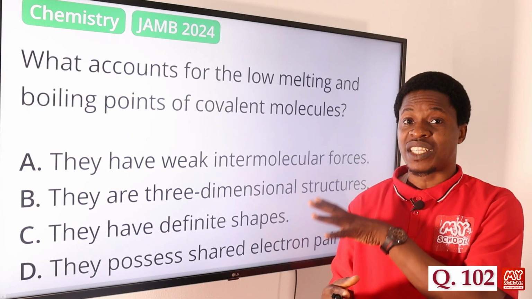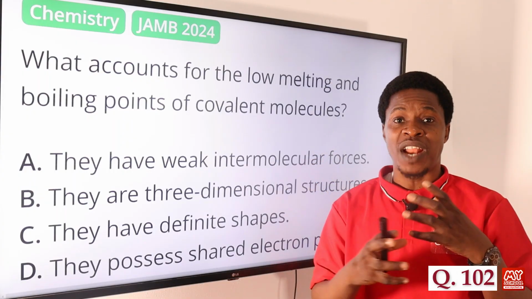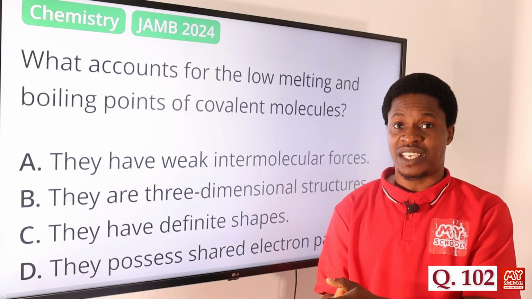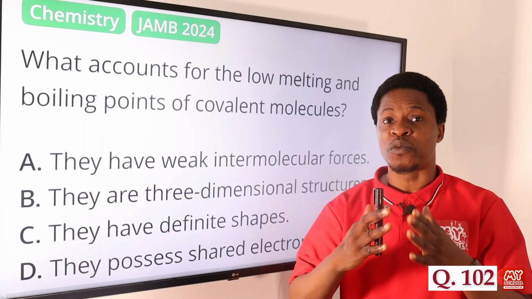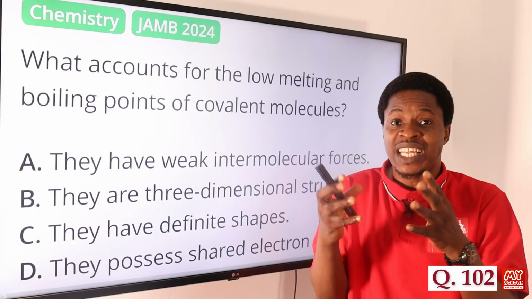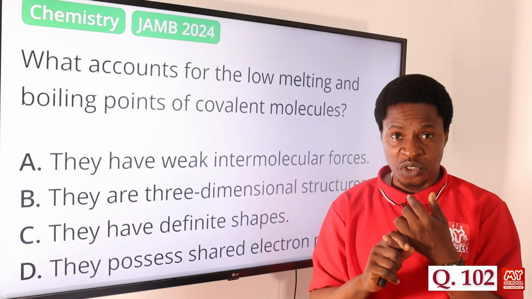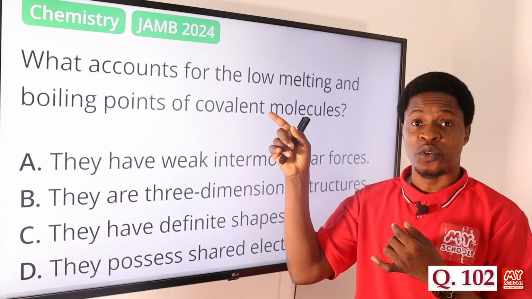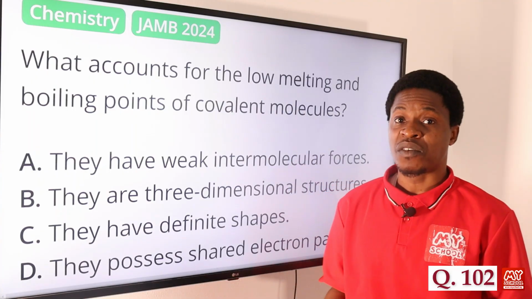But the intermolecular forces between them that bind those atoms together are very weak, so it requires just a little amount of energy to break up that bond. As a result, there is a lower melting point or boiling point for those kinds of molecules, because little amount of energy is required.